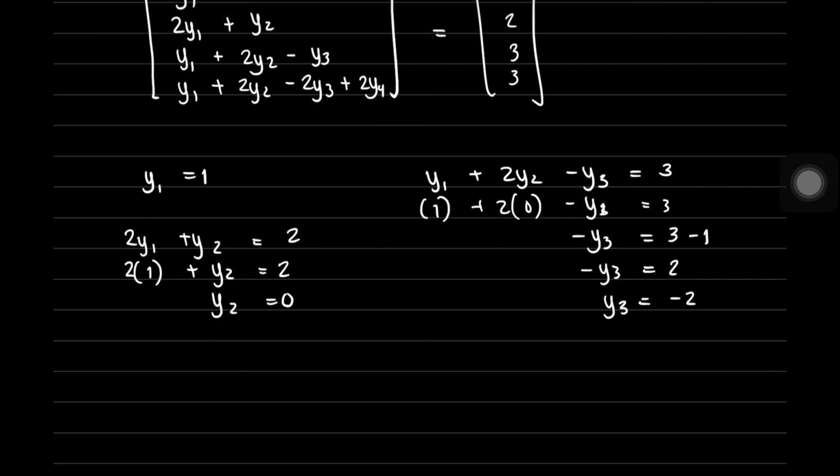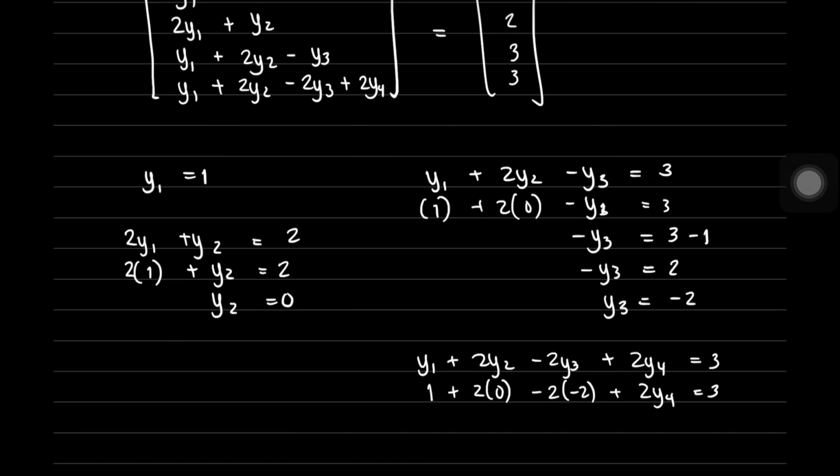And lastly, we have y4. So solving for y4, we have y1 plus 2y2 minus 2y3 plus 2y4 equals 3. So y1 is equal to 1, y2 is equal to 0, y3 is equal to negative 2, and y4 is the unknown one. Right?